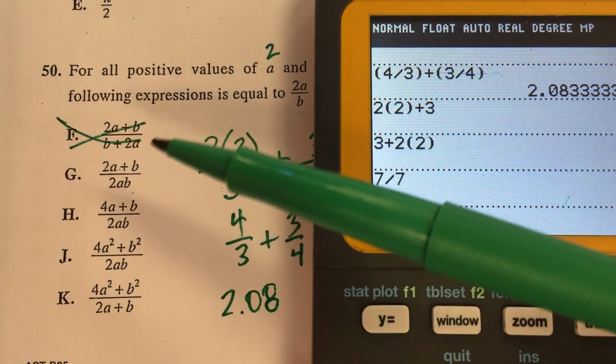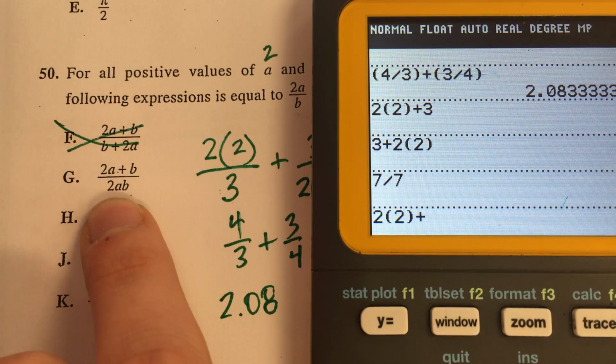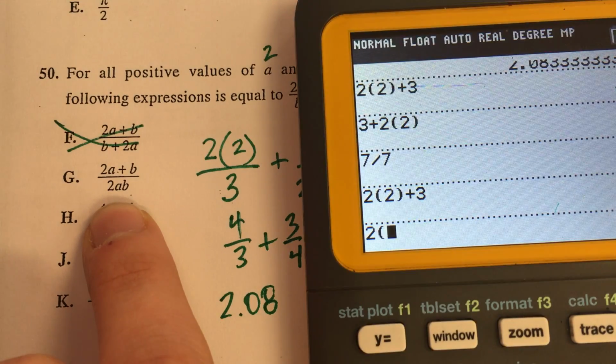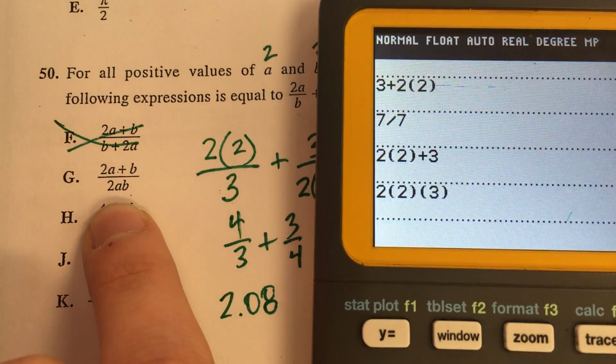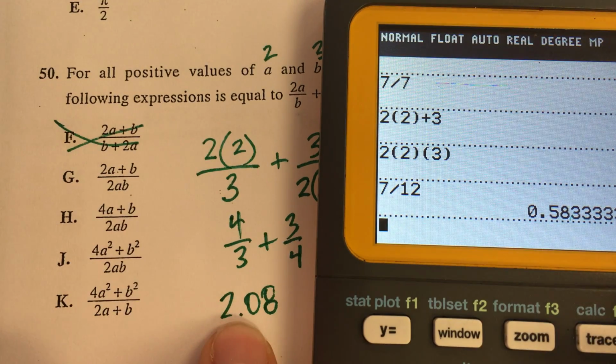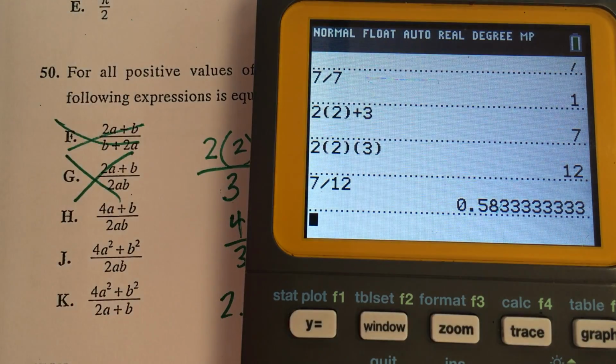I could keep trying on these ones. I would have 2 times 2 plus 3 over 2 times 2 times 3, 7 over 12, but that's not going to give me that 2.08 answer either. So I know it's not G, right?